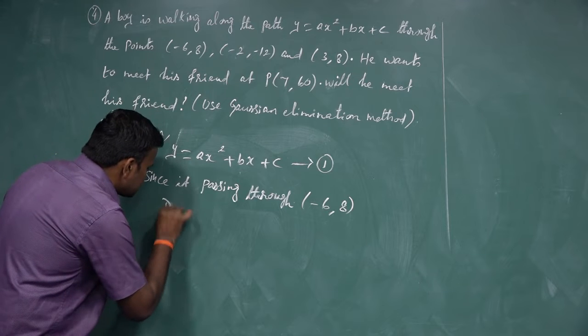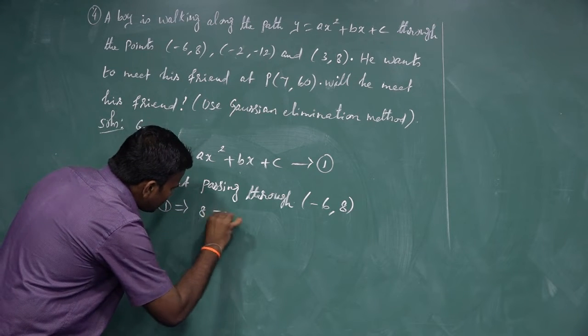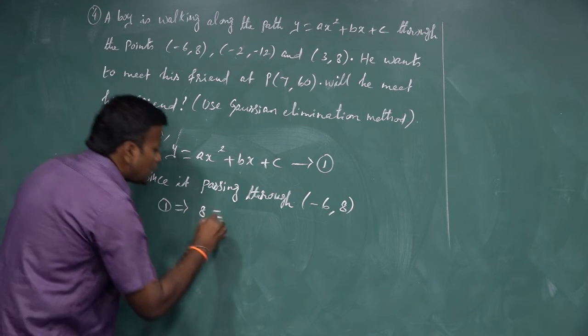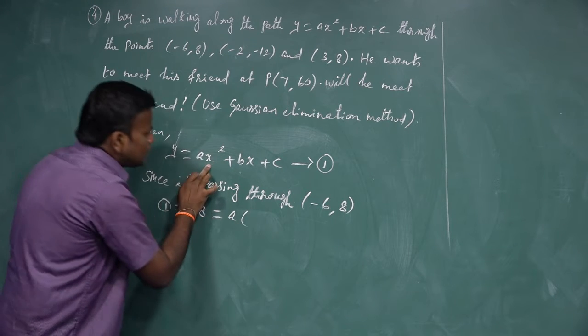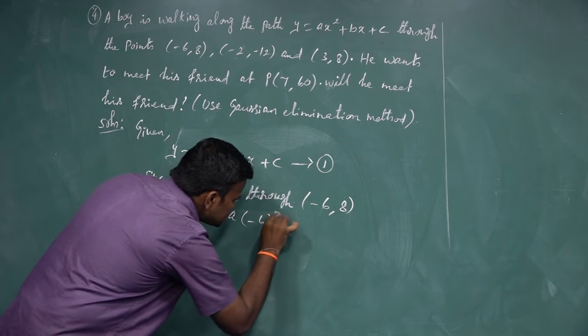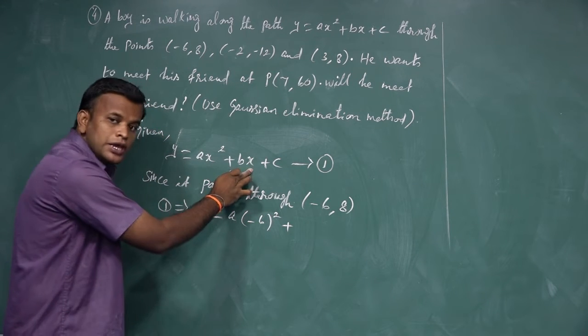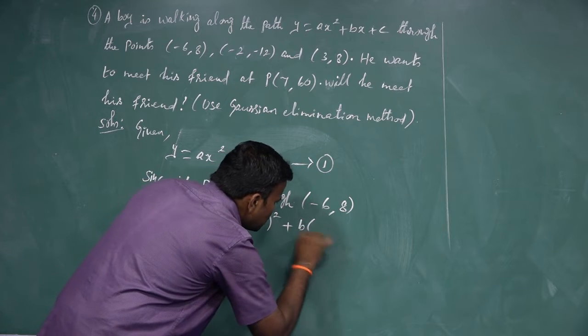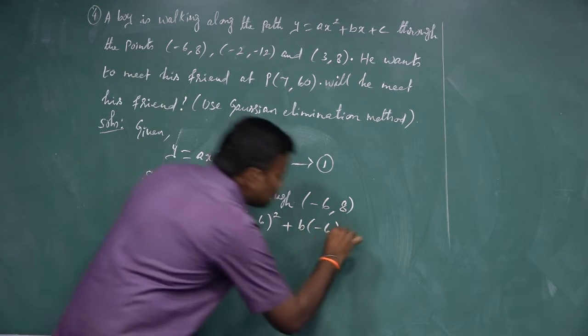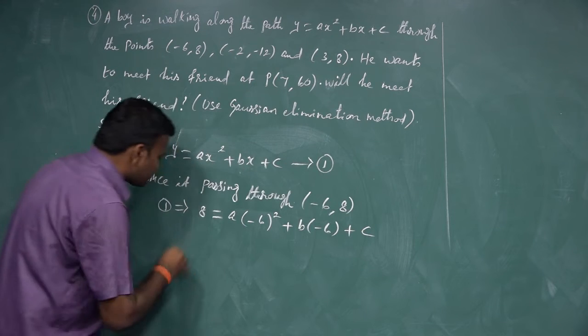So 1 gives 8 is equal to a of x square, the value of x is minus 6, minus 6 the whole square, plus bx, b of minus 6, plus c.